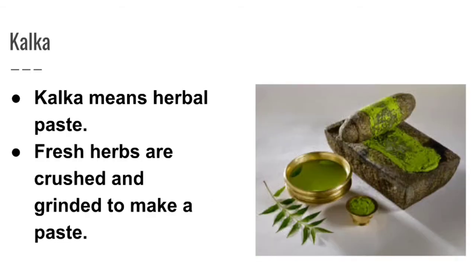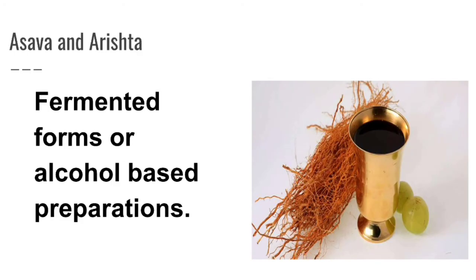Okay. So next we will move on to Kalka. Kalka means the herbal paste. Fresh herbs are taken, crushed and ground to make a paste, and this paste is applied on the place where it is affected. Next we move on to Asava and Arishta. Asava and Arishta are the fermented forms, or the alcoholic preparations.